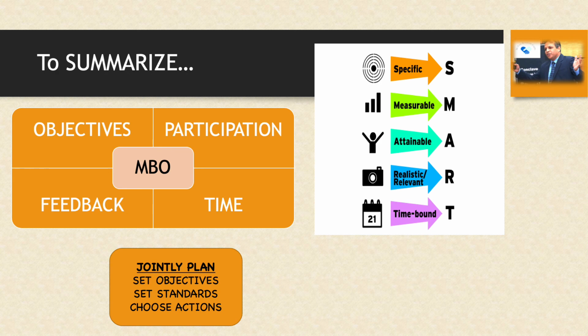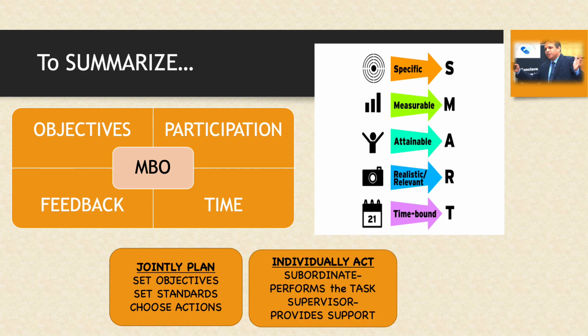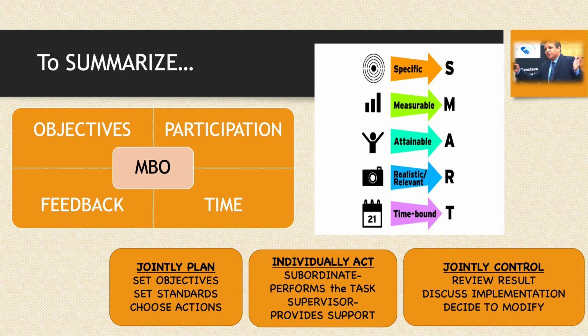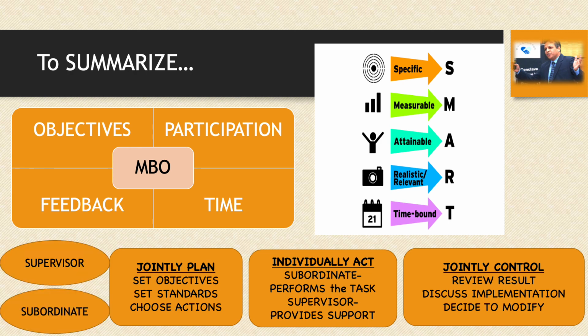And the schematic summary for MBO is: jointly plan, set objectives, set standards, choose action. Individually act, subordinates perform the task, supervisors provide the support, and jointly control, review the result and discuss implementation. You may even decide to modify both the supervisors and the subordinates.